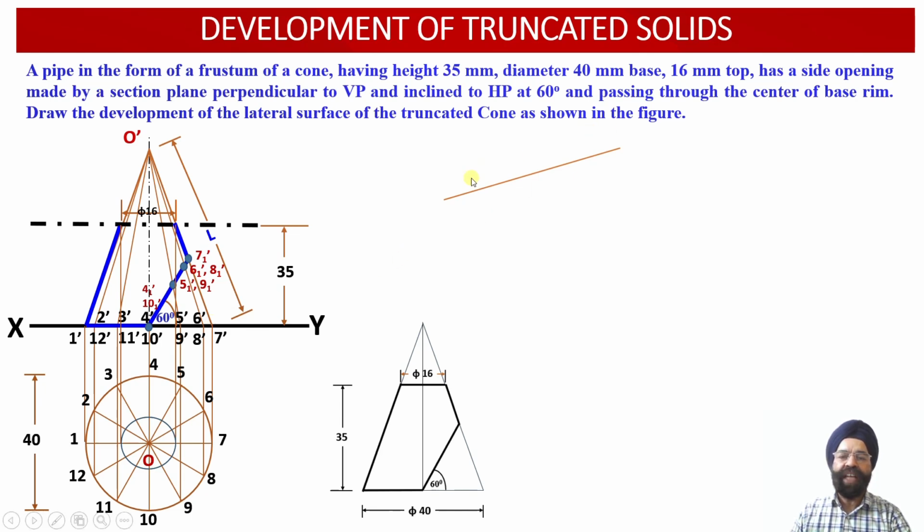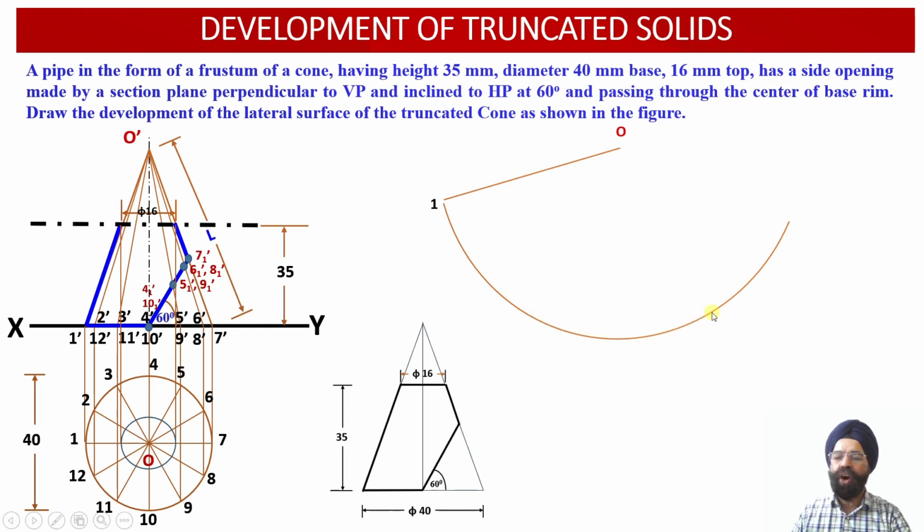Once we measure this true length, with O as the center and 1 as the starting point, the radius that we are going to pick up is the true length of the slant edge, O1' or O7', and both of them are equal to each other. So with this radius O1' or O7', we are going to draw an arc.